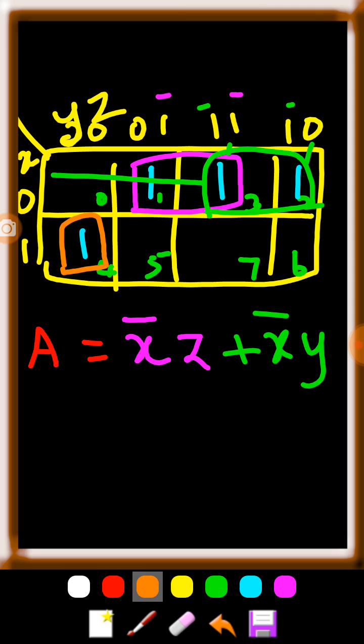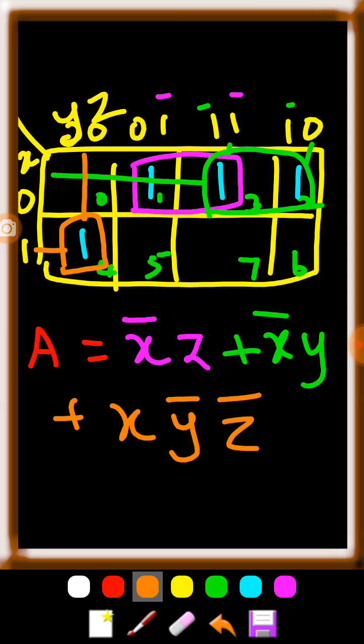And for the separate block, if you expand it row wise, the value is x, expand column wise, the value is y bar z bar. So the expression for A is found by considering these minterms and finding the appropriate terms.